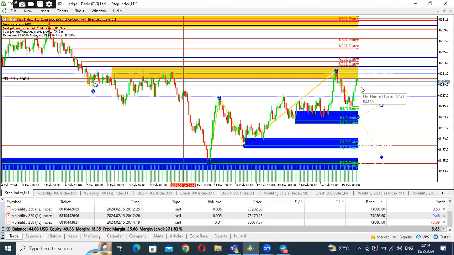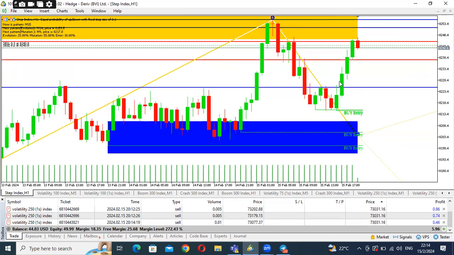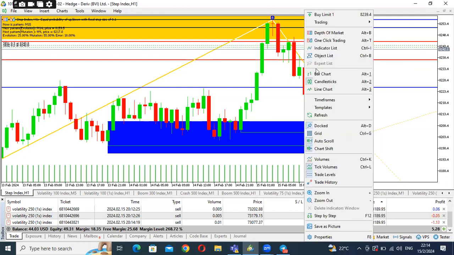So let's hold our trade like that, guys. We need quality money. So our first TP will be this red line because it is going to retrace there. So once it reaches that red line, I have to be very careful.